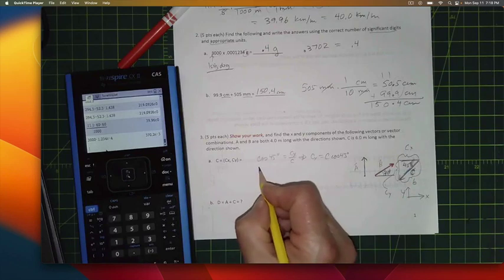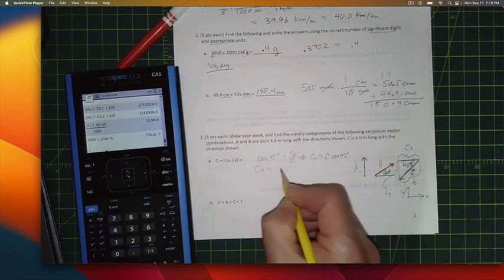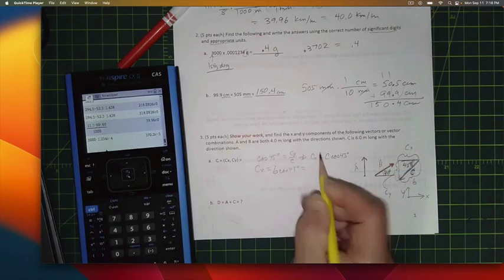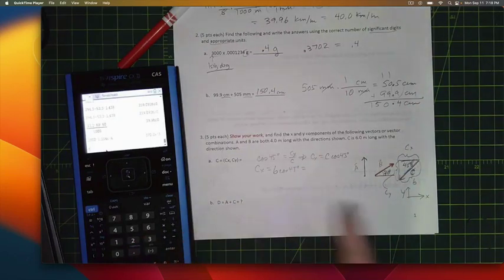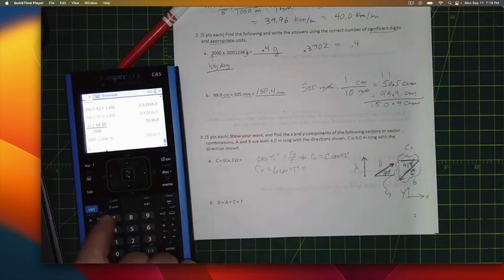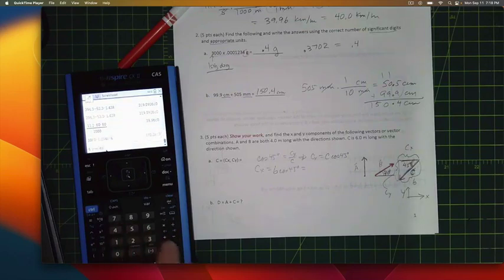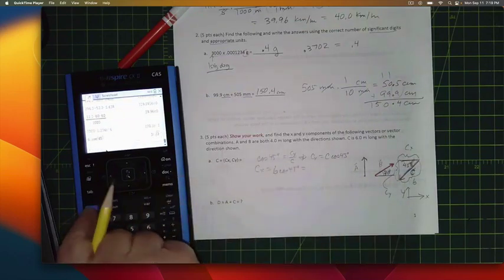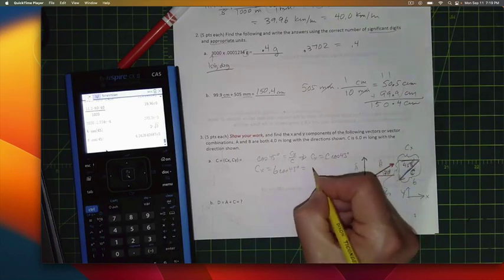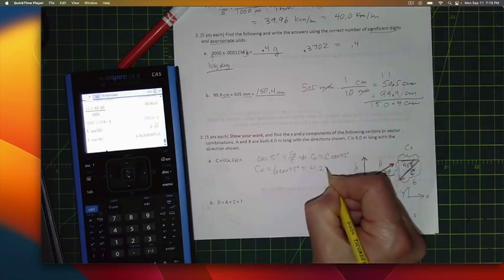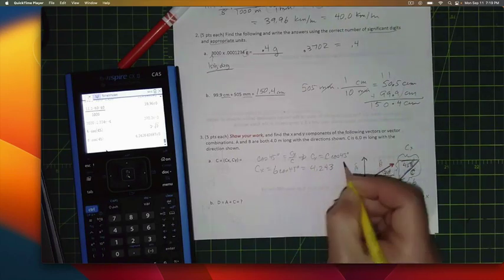So we can plug in and get C sub x is 6 cosine 45 degrees. We could just do 6 square root of 2 over 2, but we'll just plug it into the calculator, cosine of 45. Let's just get a decimal number: 4.243 for now.